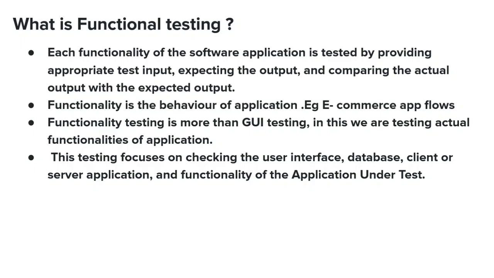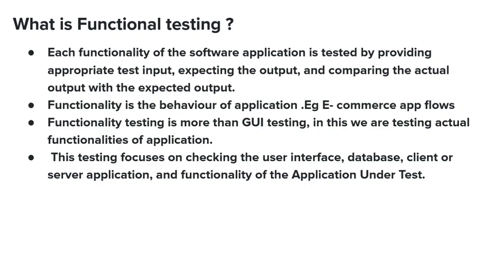So the application functionality is defined by requirements. Whenever we receive the requirement, in that requirement, specific functionalities and flows are defined. Developers follow those requirements and they create that functionality. And as a tester, we have to verify that whatever the developer has developed in a functionality is working as expected or not.